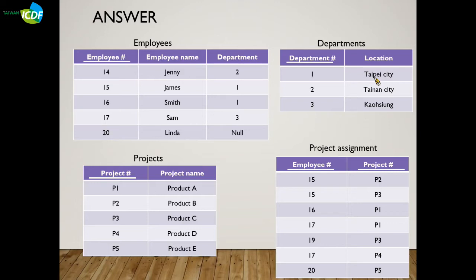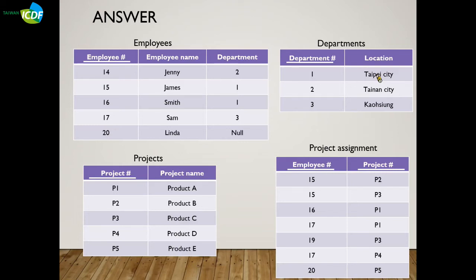Imagine a situation in the future where different departments are located in the same city, for example, Taipei City.